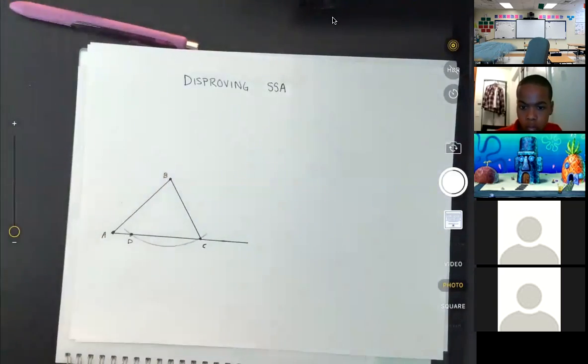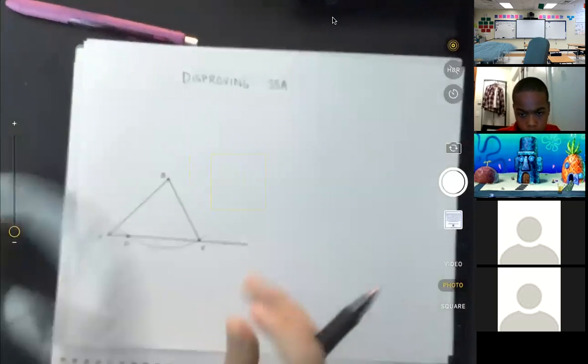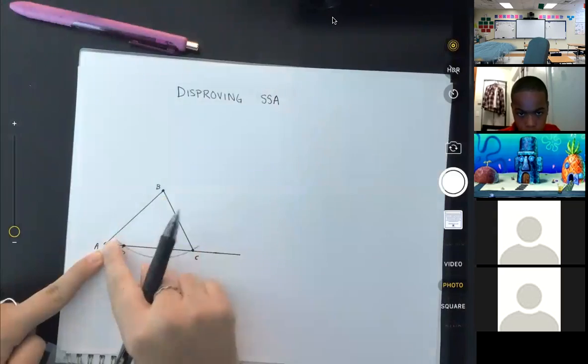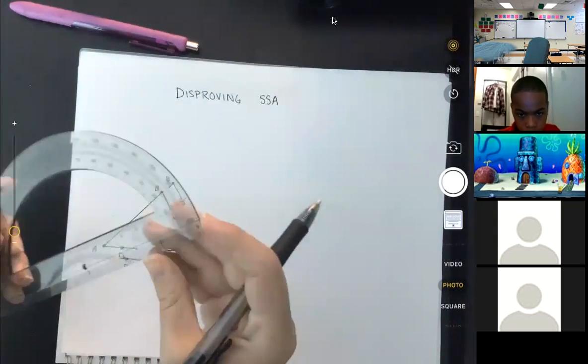Okay. And I'm going to measure everything really quick. I made this line segment right here, so I'm going to measure that one in inches.